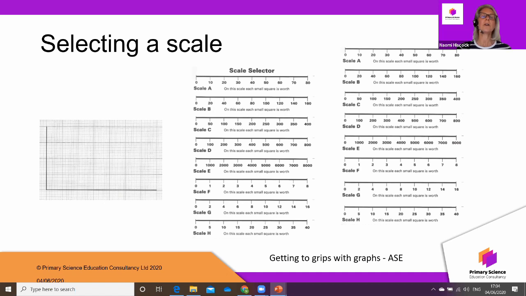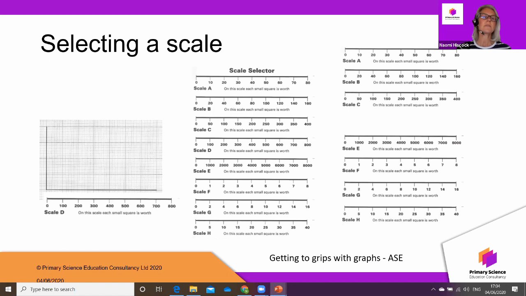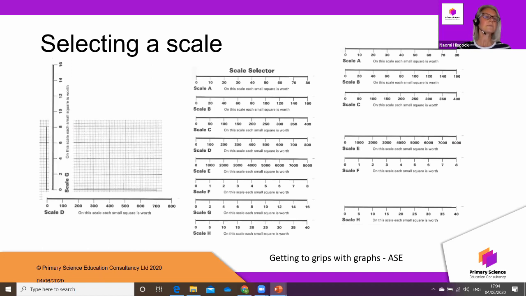The children place the scale selector next to the axes, and you can see that if I use that scale on that bar chart, I can't make the lines any longer. So the highest value that I can record there is 700. Because of the shape of my paper, if I chose scale DG, the highest number I would be able to record would be 8.